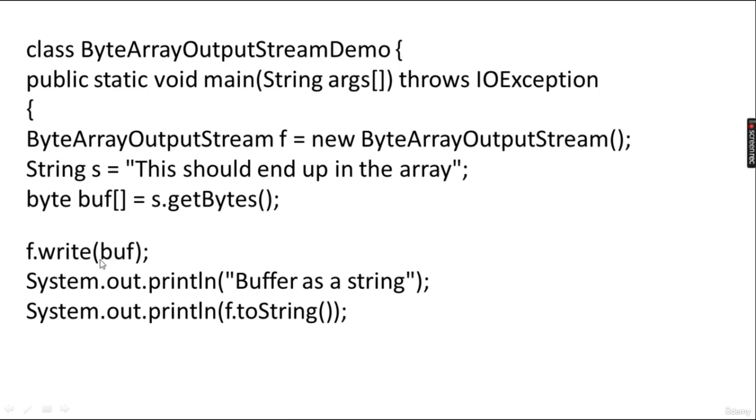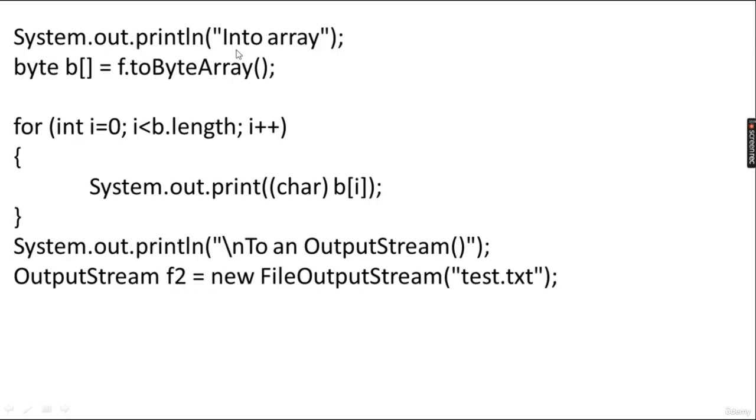Then we display the buffer as a string with f.toString, and the byte array from 0 to b.length. We will cast each and every byte to a character and then print it.